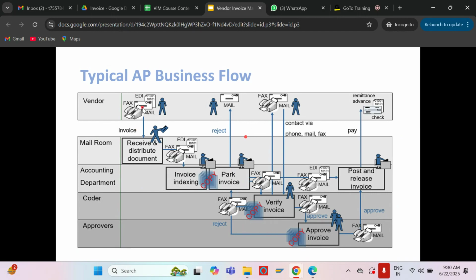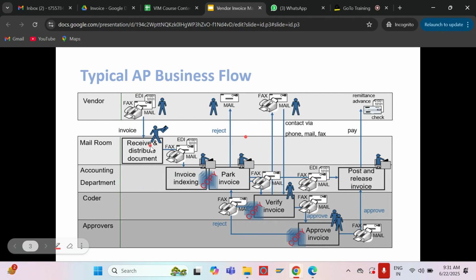Once the vendor sends the invoices, they are received in the mail room, right? Now, the person sitting in the mail room receives the notification that the invoice is received. It can take days. Suppose the person sitting in the mail room forgets to check one of the vendor invoices.